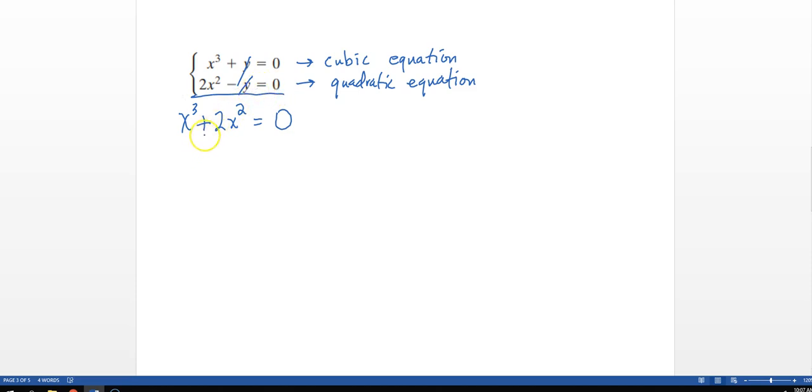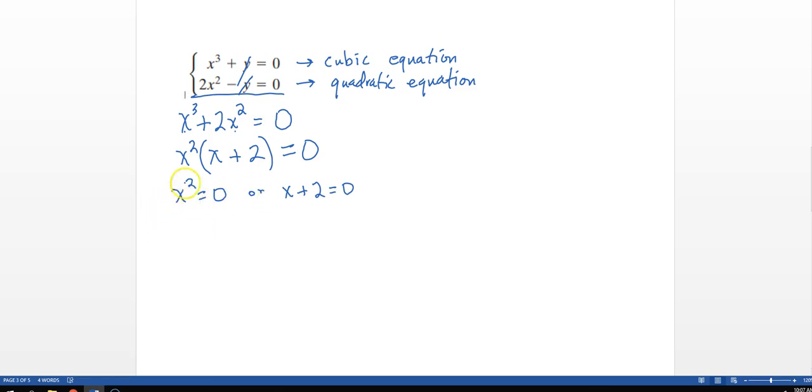So now I can solve this equation by factoring. Both of these terms have a common factor of x squared. So that leaves us with x squared times x plus 2. And by the zero product property, x squared is equal to 0, or x plus 2 is equal to 0.